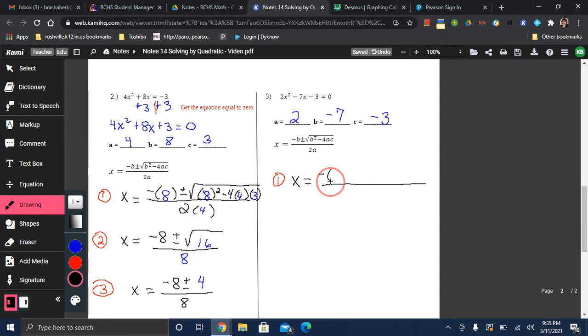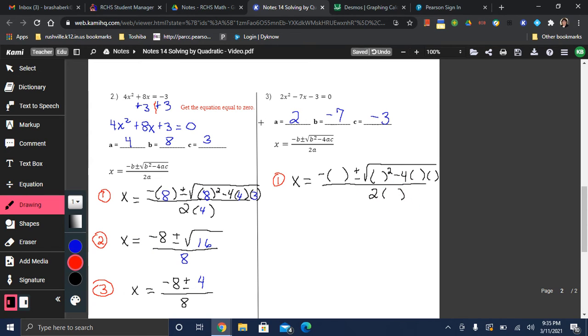So negative, put your parentheses, and then plus or minus inside your square root. You have parentheses with an exponent 2, and then minus 4, and 2 parentheses for the a and the c, over 2 times in parentheses here.